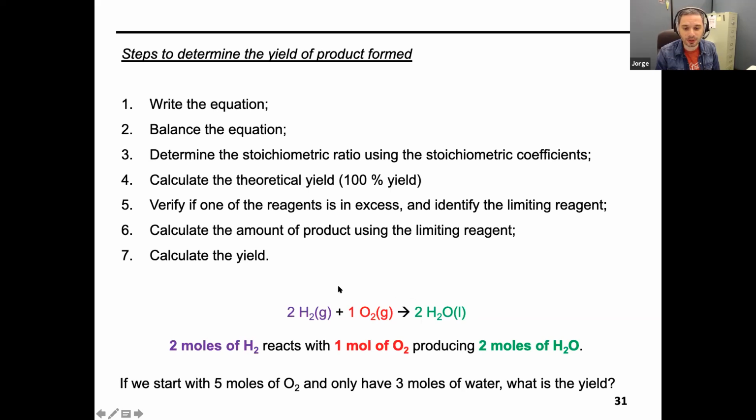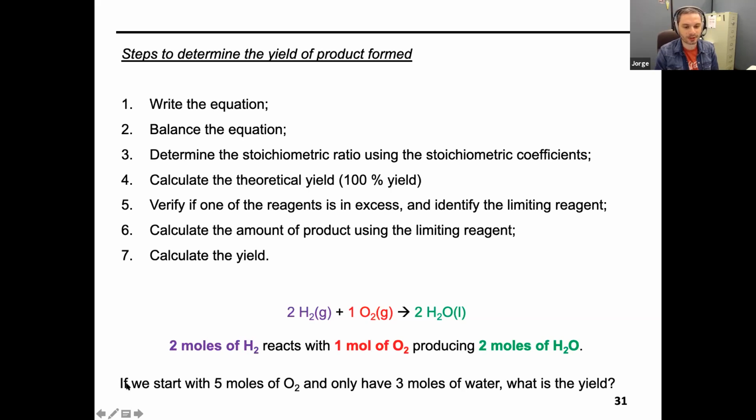Okay, so the stoichiometric coefficients will give you the ratio always in mole. Okay, 2 moles of hydrogen reacts with 1 mole of oxygen, producing 2 moles of water. And with that, you can write a sort of a conversion factor, and then from there is a simple proportion.